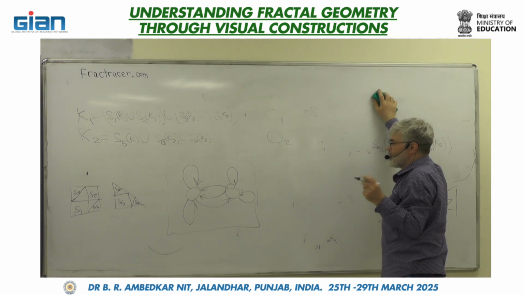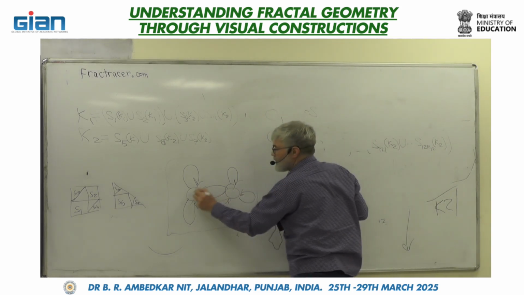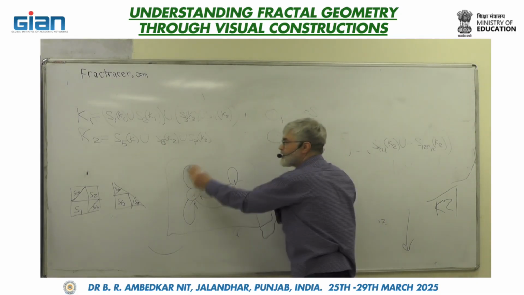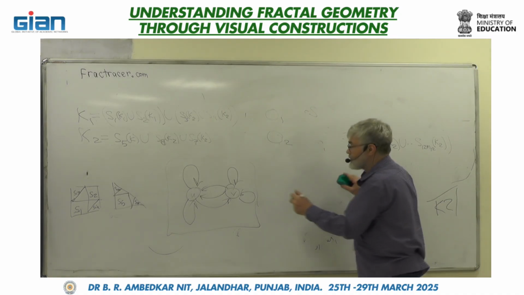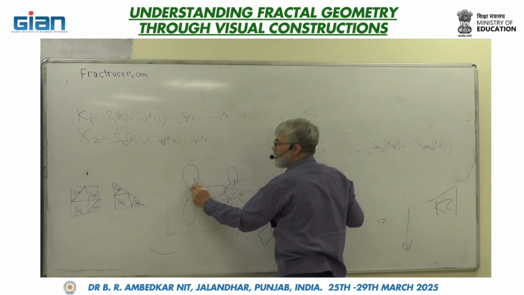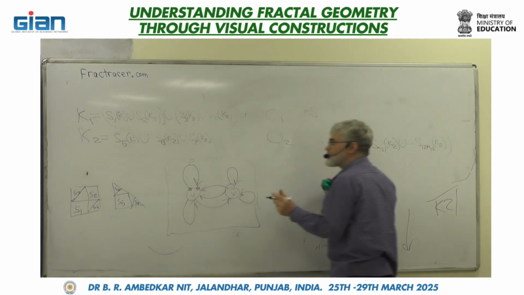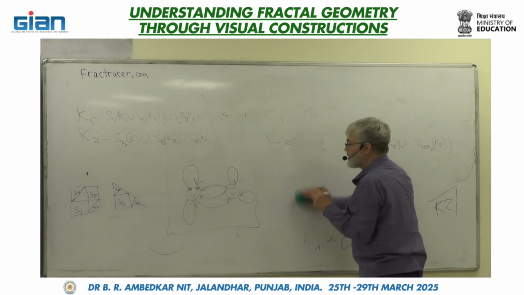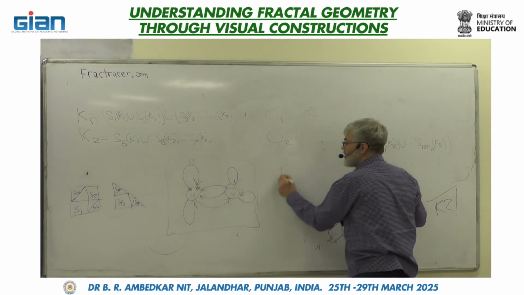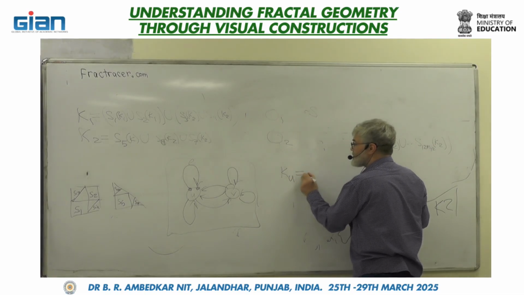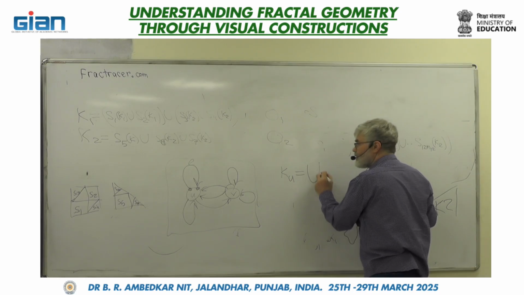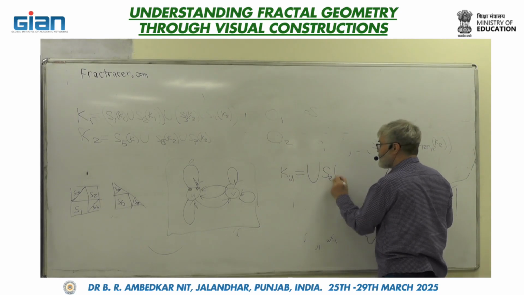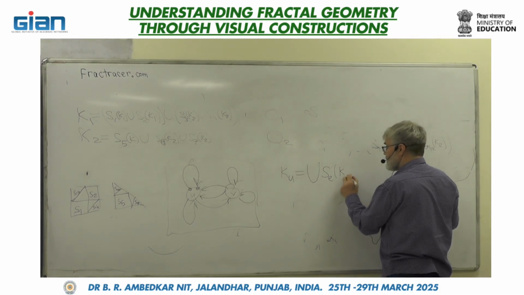Okay, so we have vertices of the graph, right? And we have edges. So each edge has its origin and its end. Yes? So we have that K_u is the union of S_e of K_{v(e)}.